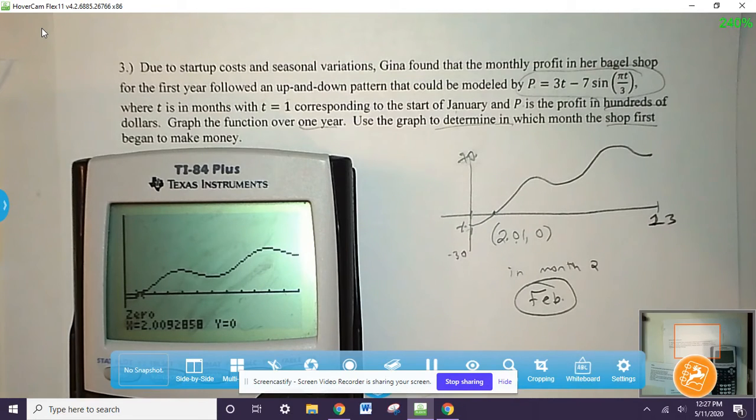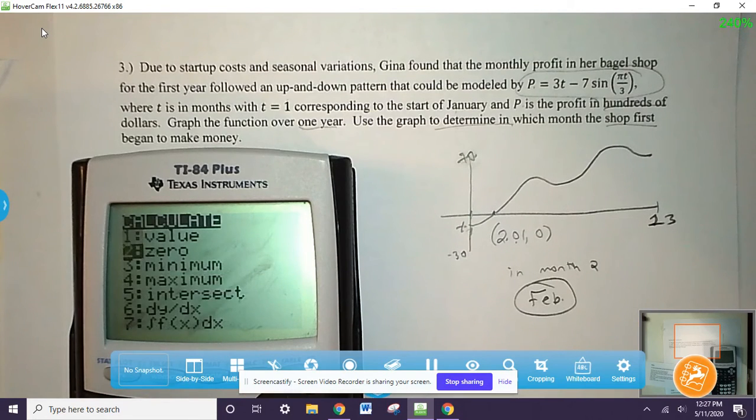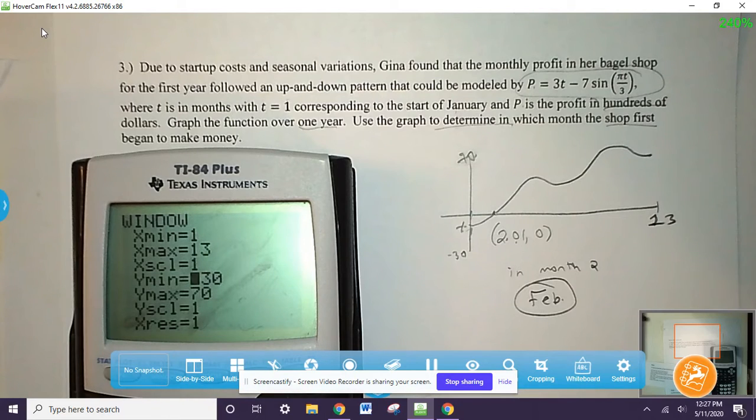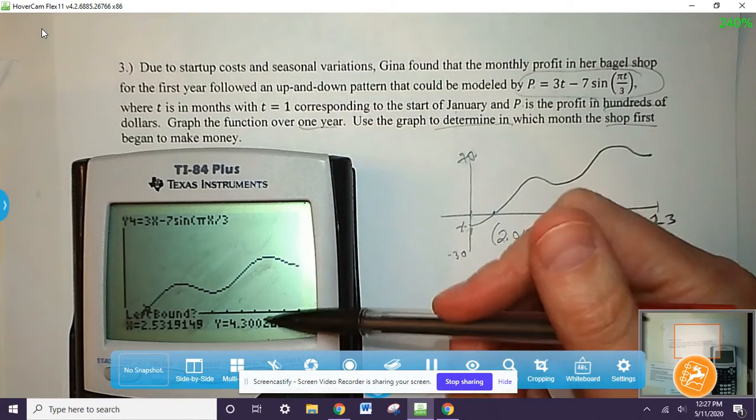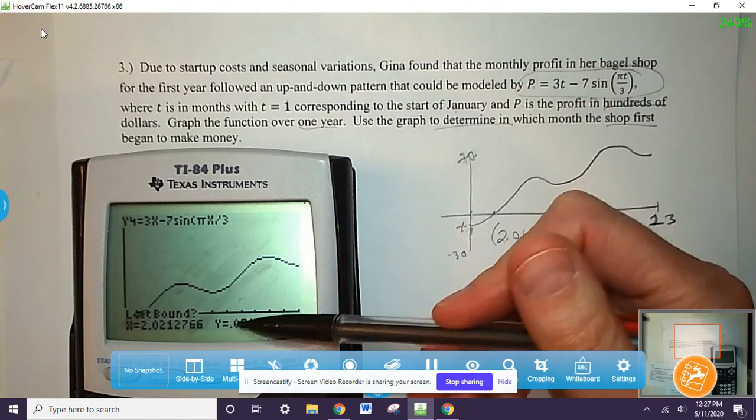And by the way, if you did not change your window, you actually can still do this even if you can't see the portion of the graph that is below the x-axis. When you do second trace 0, as you make your way over here, even though you're not going to be able to see the cursor anymore, check out your y values. You should know when you cross the x-axis because your y values will change from positive to negative.